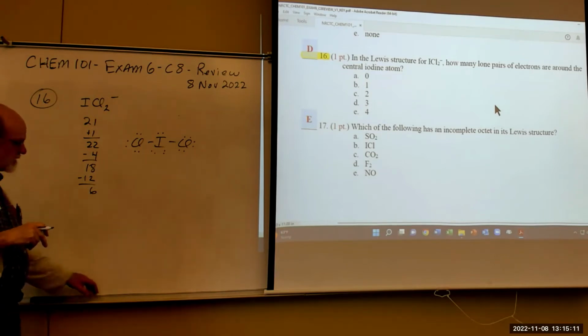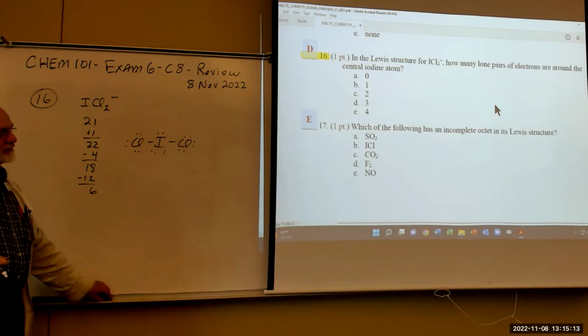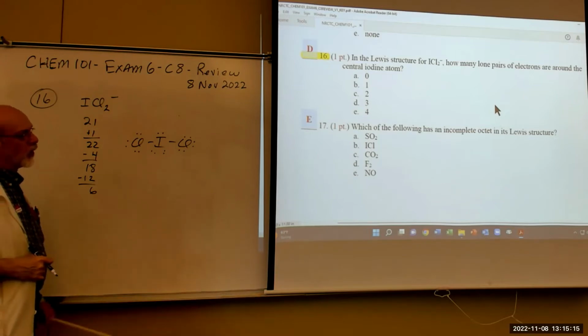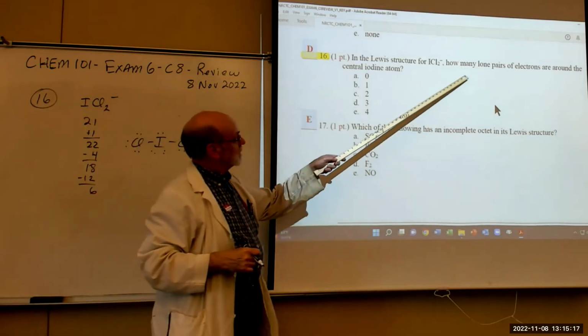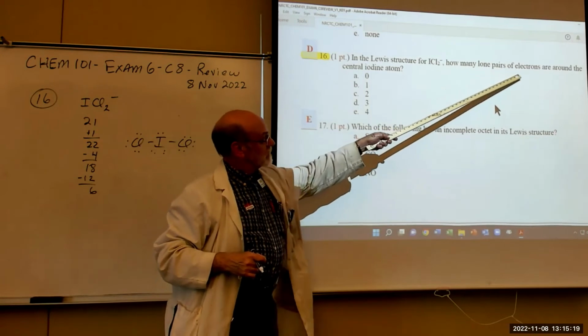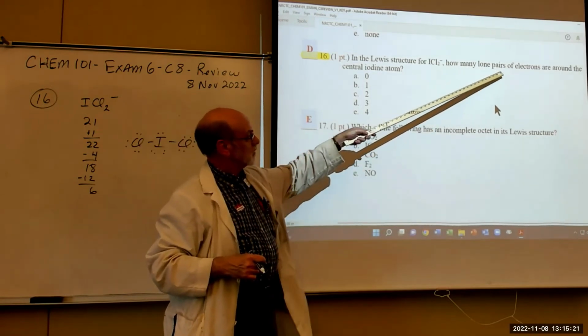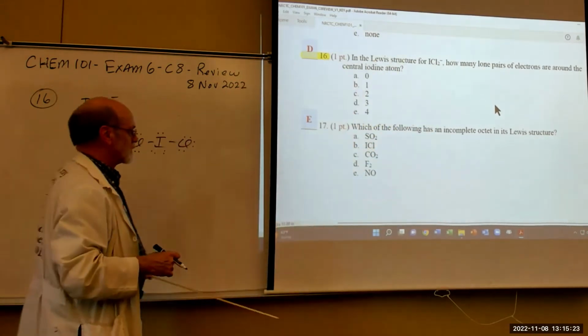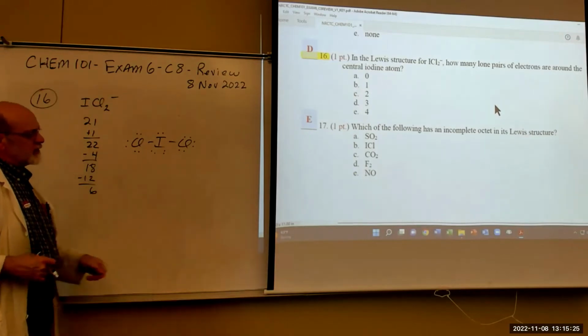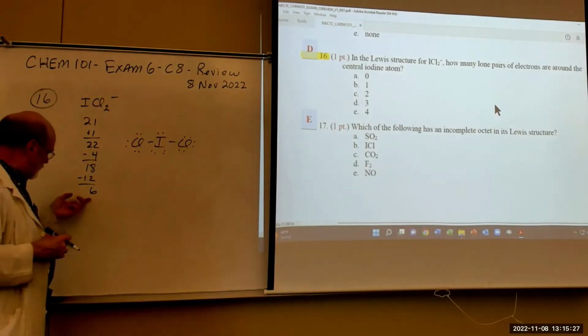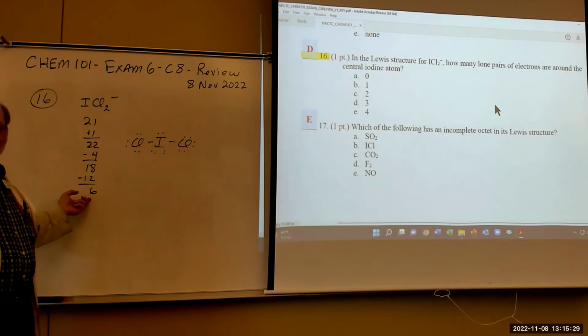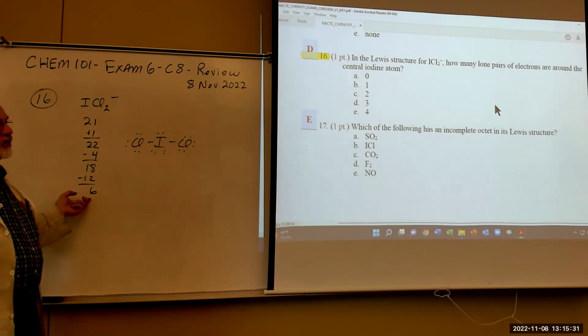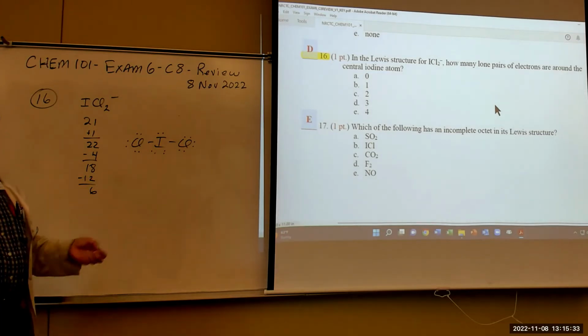So don't get messed up with wording. It says how many lone electrons, but they're paired. So that's why the answer is 3. And of course, if you think you're looking for 6 and it's not there, back up and say, what do they mean? 3 lone pairs.